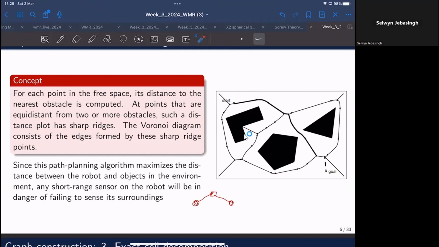The map basically creates a ridge, in the sense like a valley kind of a thing. So a Voronoi diagram basically consists of edges formed by these sharp points.